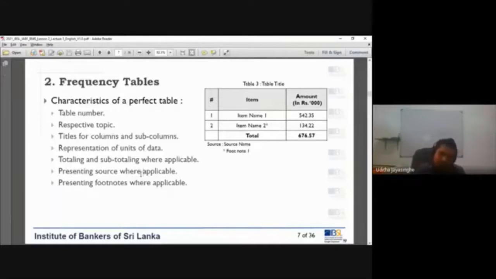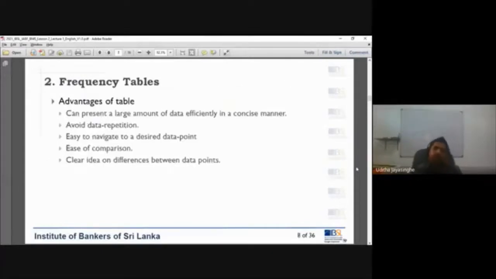So with that introduction, we'll see what these frequency tables are. Tables are both grouped and ungrouped. Okay. This I don't want to spend more time on. The moment you tabulate it, this is all about the answers to the stem and leaf diagram and the array of data.